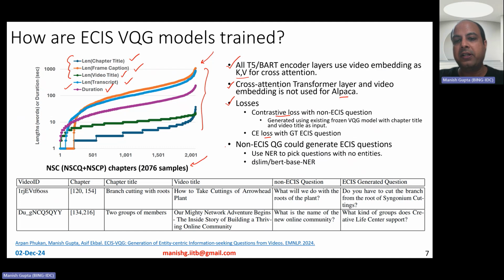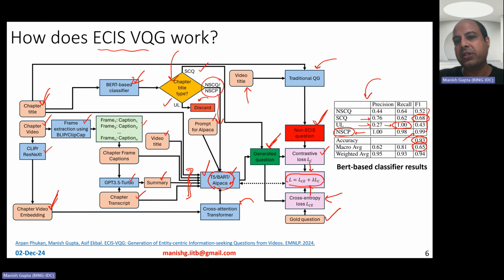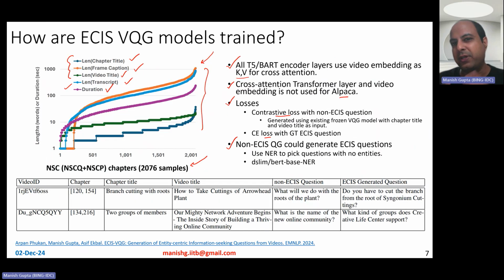Non-ECIS question generation could actually also sometimes lead to ECIS questions. When we use traditional question generation modules to generate a non-ECIS question, sometimes it could happen that they generate an ECIS question. So defining contrastive loss with respect to an ECIS question is a bad idea. Therefore, we further clean up and ensure that the question generated by the traditional QG model is a non-ECIS question by checking if it contains entities or not.